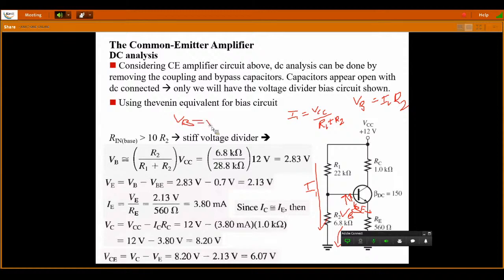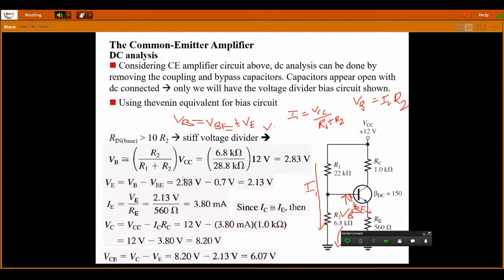So the base voltage is equal to VBE plus VE. If I want to find the emitter voltage VE, I have to subtract VBE from the base voltage. So VE is equal to VB minus VBE.